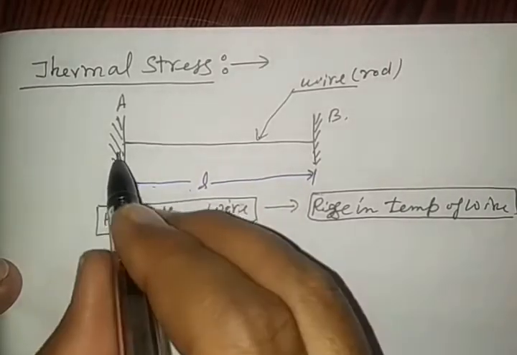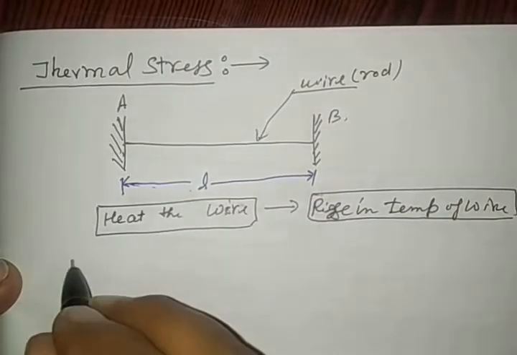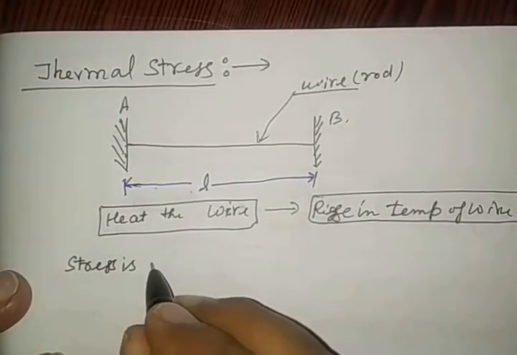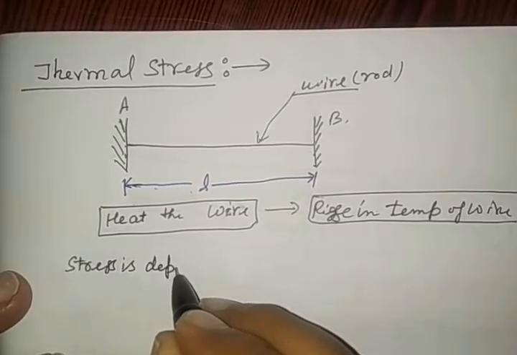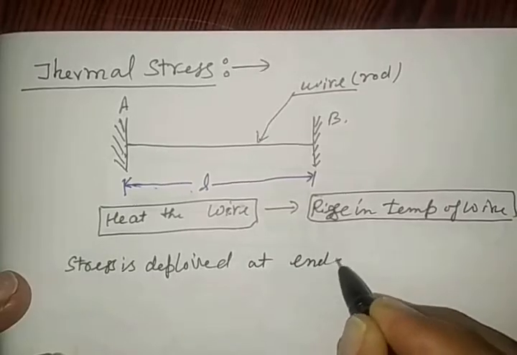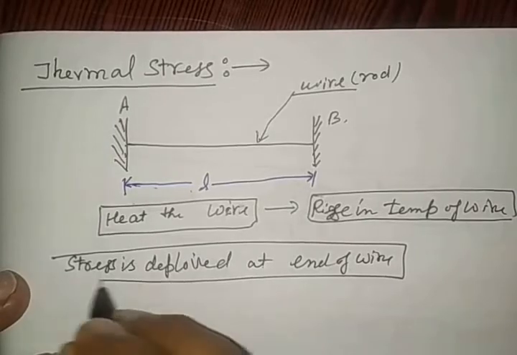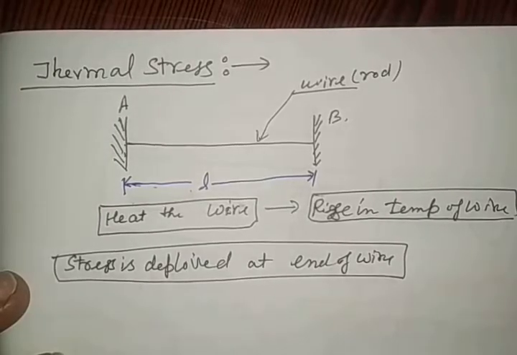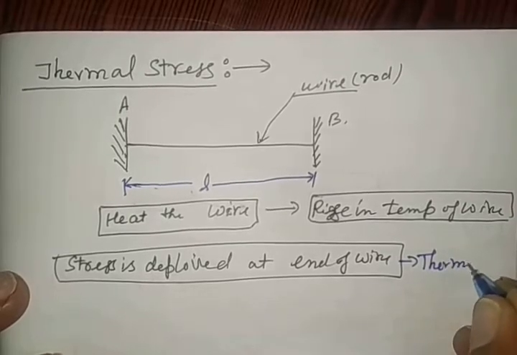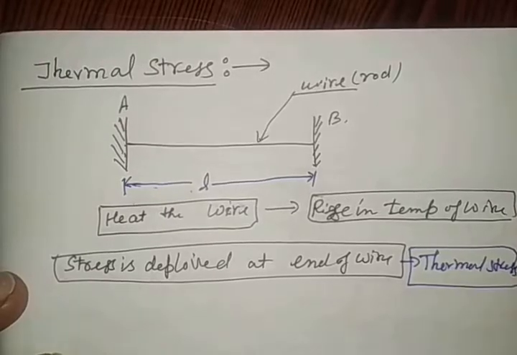So here see, a stress is developed at the end of the wire. This stress developed at the end of the wire due to rise in temperature is called thermal stress, right?